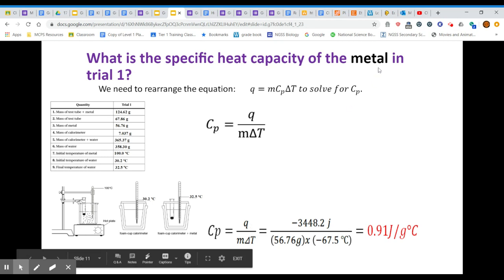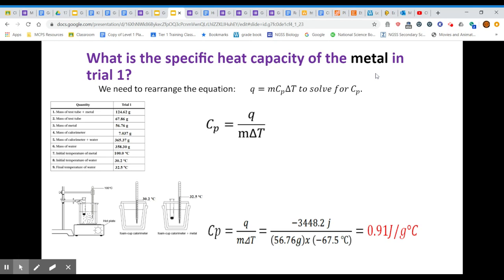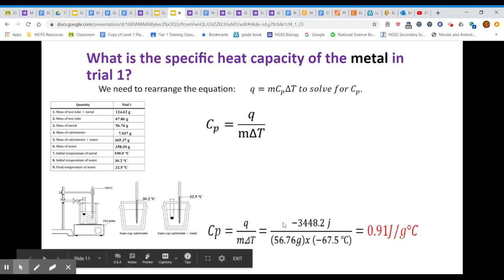Again, please note whether the metal or the water is being asked. So we plug in the Q being negative 3448.2 joules, uppercase J, sorry guys, and m being the mass, 56.76 grams, and times negative delta T, that is 67.5 degrees Celsius.